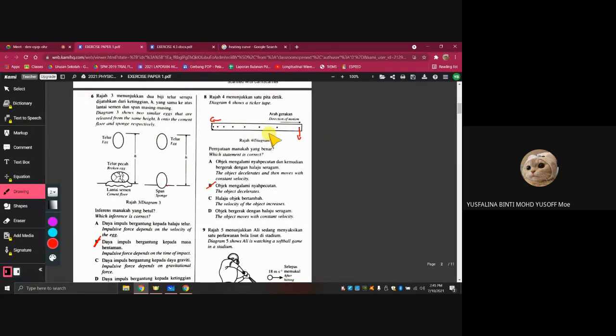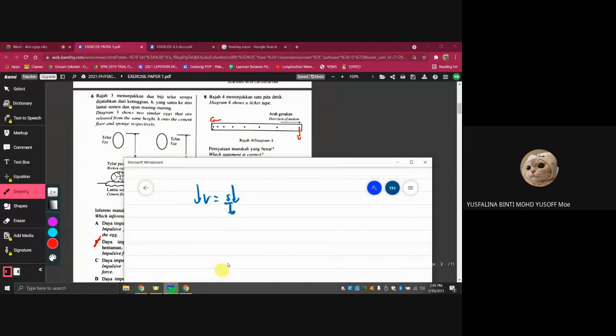If you say the object decelerates and then moves with constant velocity after some time, let's say starting from here the distance will be the same.